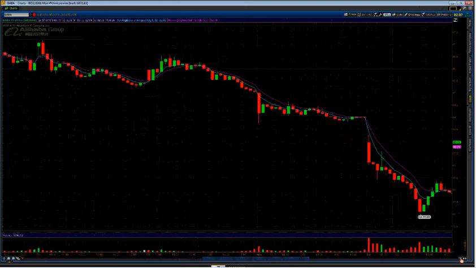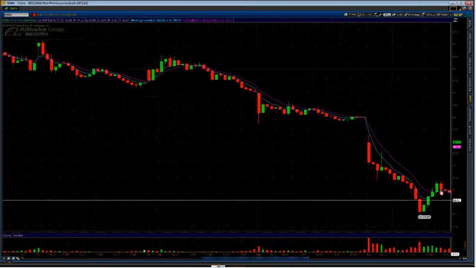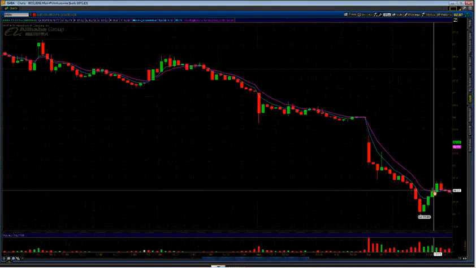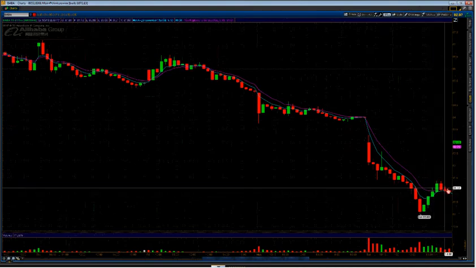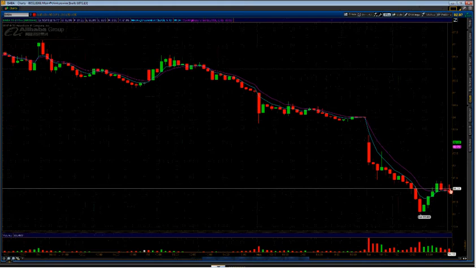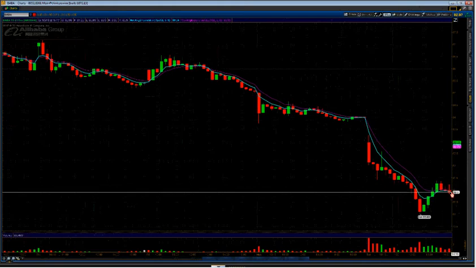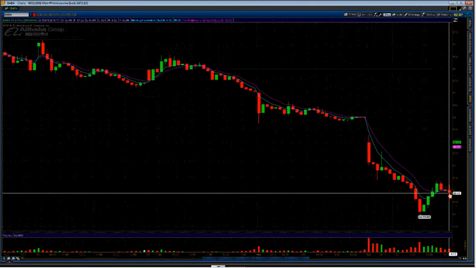What's it doing different? Curled up here, started going flat here, pointing down. Now, the 5 did not just cross below the 9, but it is crossed below the 9, right?